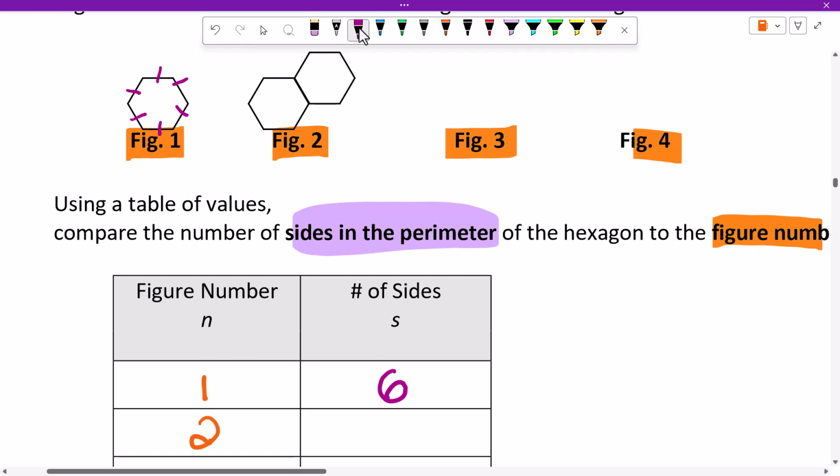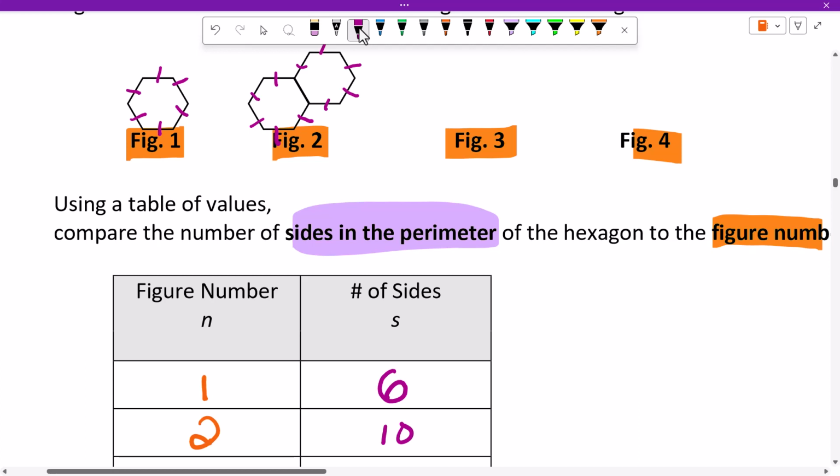Thank you, Max. There's 10 in this one, right? 1, 2, 3, 4, 5, 6, 7, 8, 9, 10. Keyword perimeter, meaning outside sides only. Inside ones don't count, right? So you got to make sure you're counting the right ones.